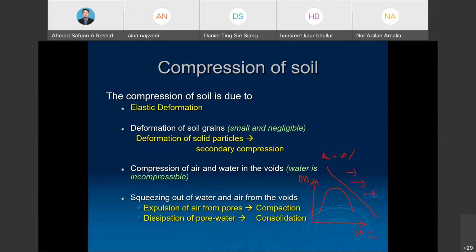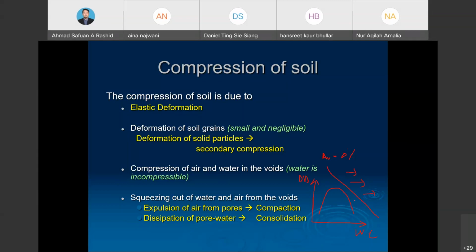Okay. And the difference between the consolidation, first, the procedure is definitely different, because in compaction we do not 100% saturate the sample. And for consolidation, we 100% saturate the sample, and then we apply a load for a very long time. For compaction, the testing takes only 10 minutes or less.